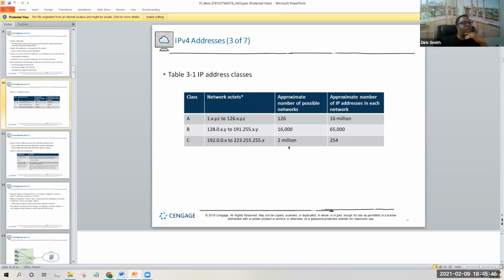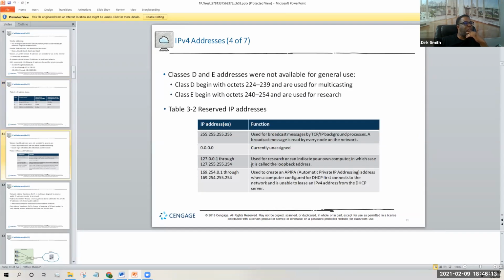You can have approximately 2 million networks, but each network is going to have only about 255 IP addresses on it. So it's a lot easier to manage. It's not such big numbers. But they bounce around. This is just the mathematical breakdown of what you can get for that.